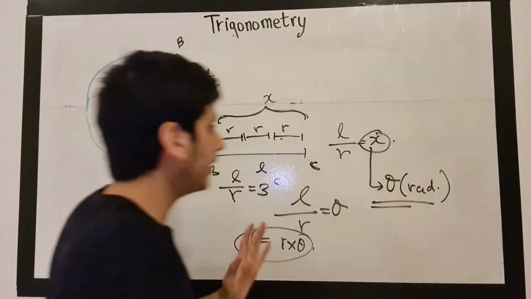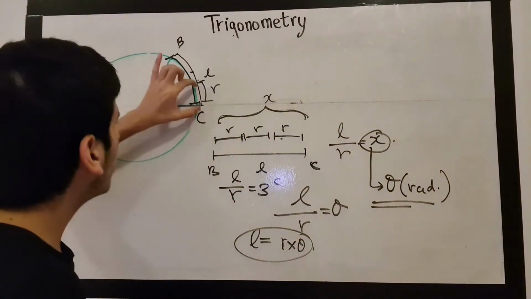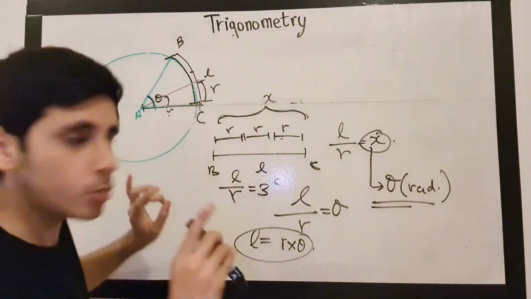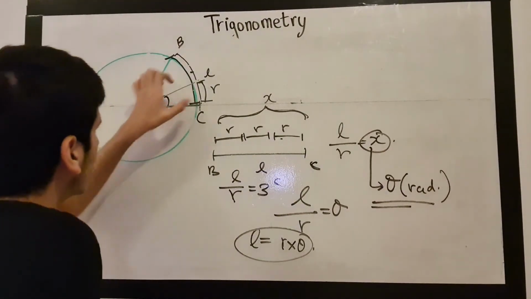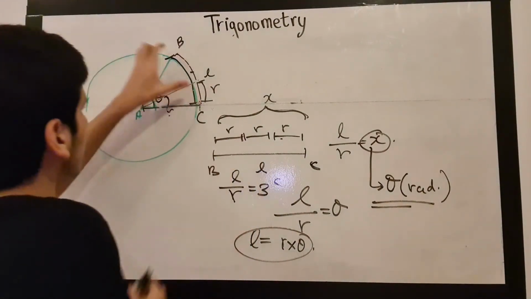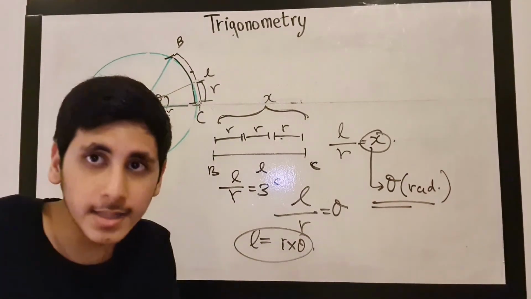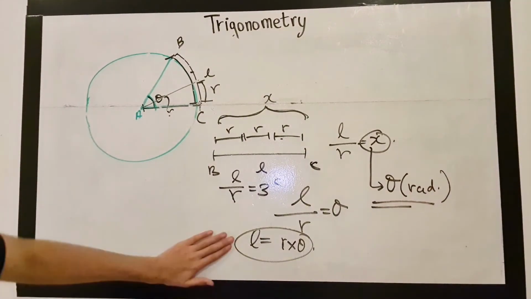We didn't have to use any other theorem or rule. We just had to imagine how many times r fits in this L, and because we already know r corresponds to 1 radian, x number of r's that fit in L would correspond to x number of radians, which is theta, our unknown variable. So this is how we prove it.